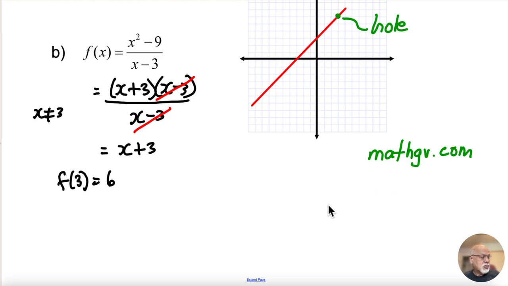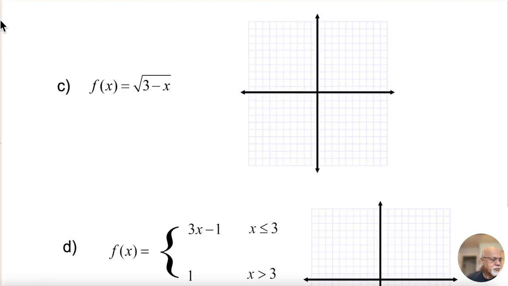The young man who put this together does not maintain it anymore, but you can download the executable for MathGV. If you use this to plot x squared minus 9 over x minus 3, when it plots that line, you'll actually see a pixel missing on the screen where that hole is. So now you see an example of an asymptote and an example of a hole. Let's look at the next two.